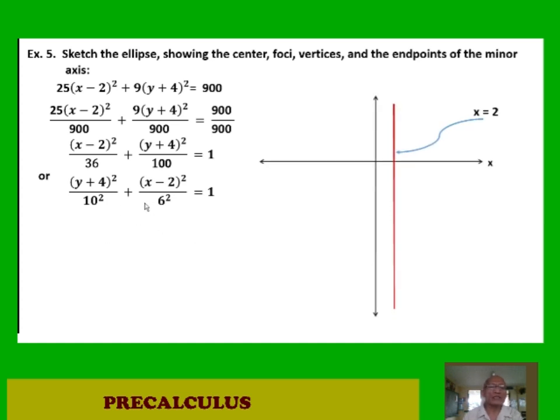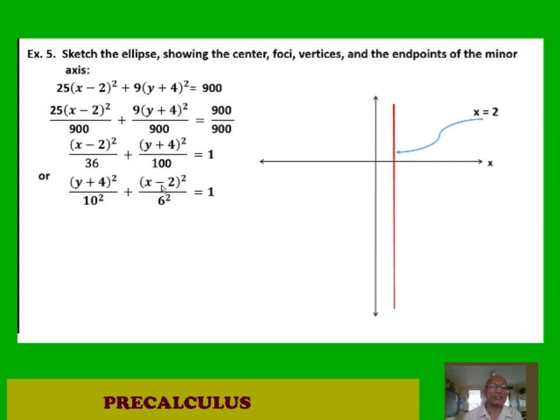The first step to plot the graph of the ellipse is to lay out the major axis. So this is our xy plane, and this line is the major axis. The major axis is taken from equating the fraction involving the b squared.